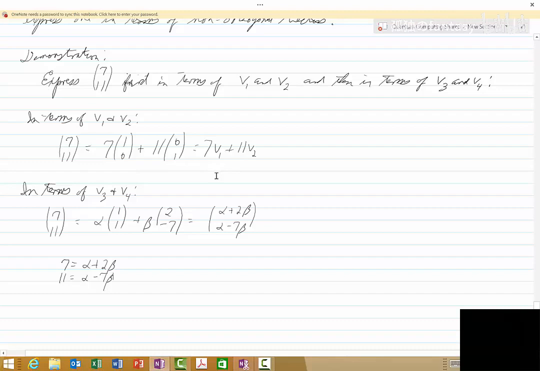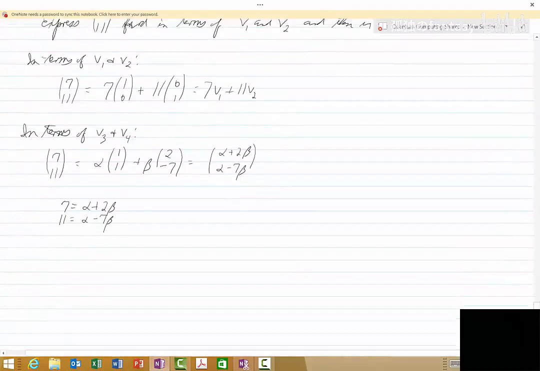Now, you might be saying, well, that's not a really good comparison because V1 and V2 have the advantage that each one has one component equal to 0. But let me show you that even if that were not the case, it would still be easy to find the coefficients as long as the vectors in the basis are orthogonal to each other.